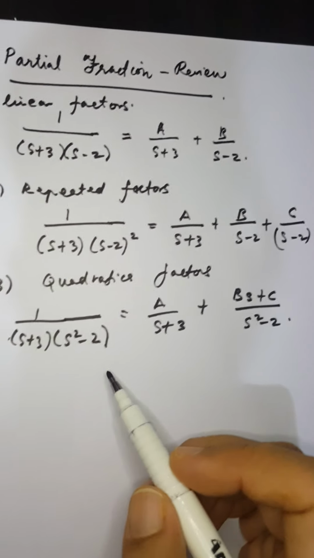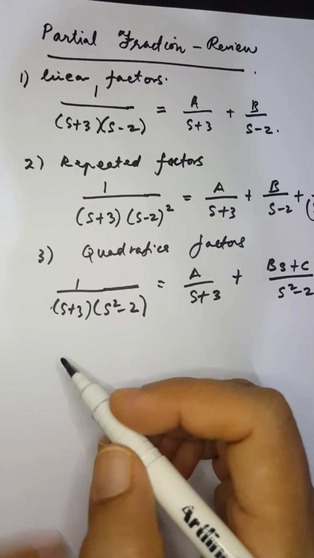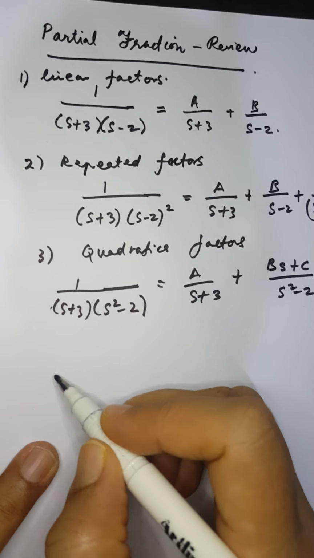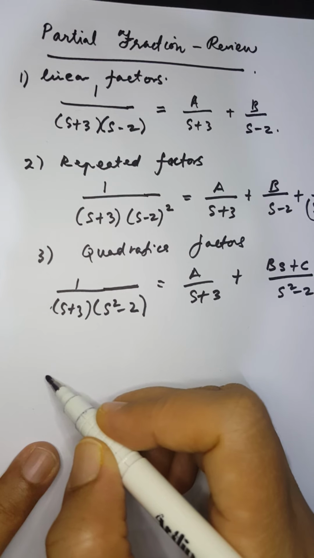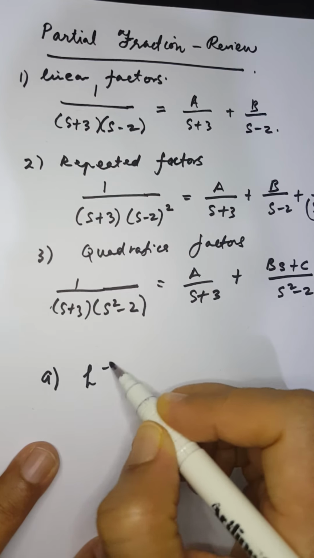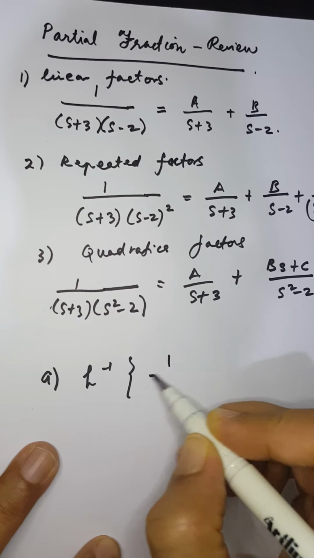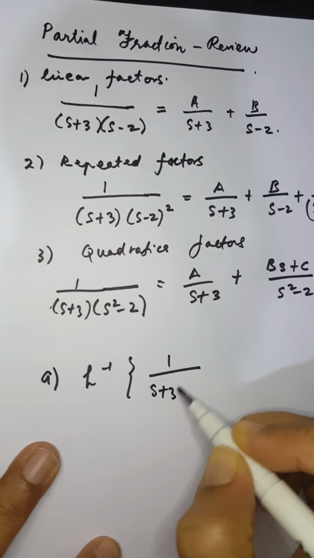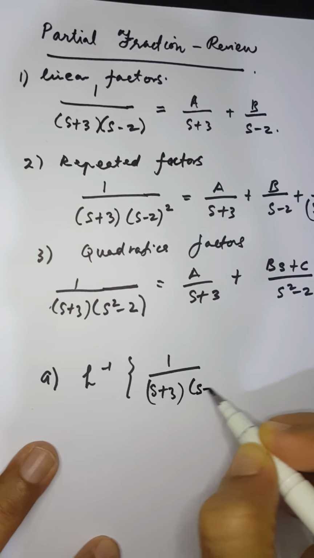So let's have a look at how we inverse Laplace for the first example. We have the Laplace inverse of 1 over (s plus 3)(s minus 2).